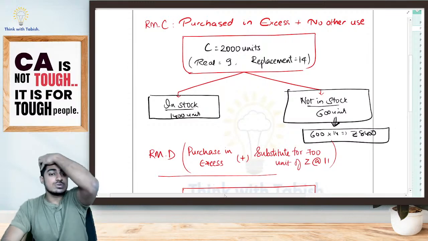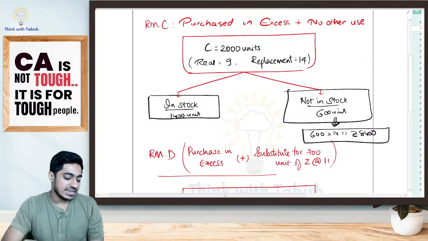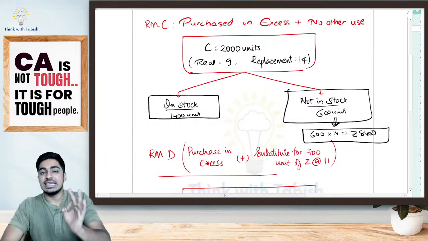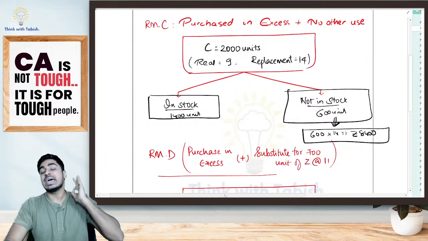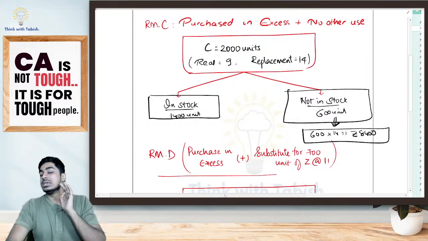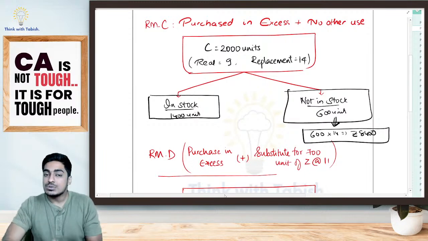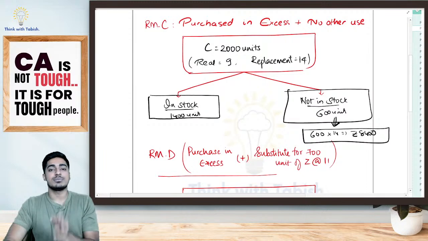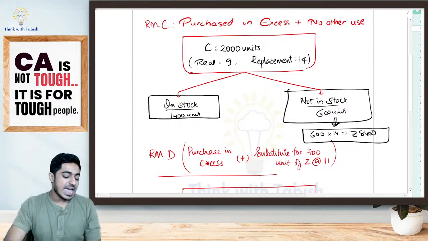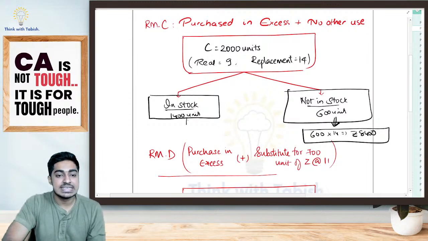And for these 1,400 units, what is the question telling? It was purchased in excess. Extra I had purchased. So now, is there any other alternate use? No. So the only option for me is to sell it off as scrap. If I sell it as scrap, how much realizable value will I be getting, students? I will be getting at the rate of 9 rupees per unit.